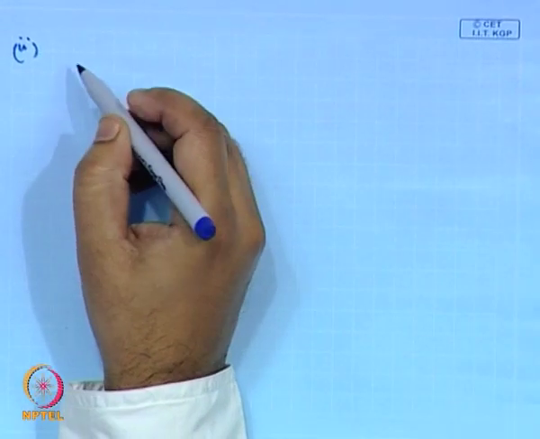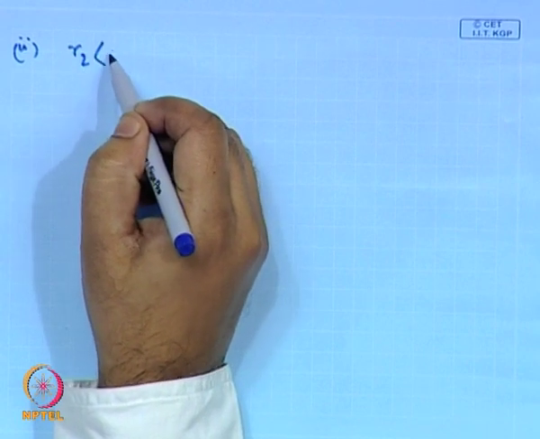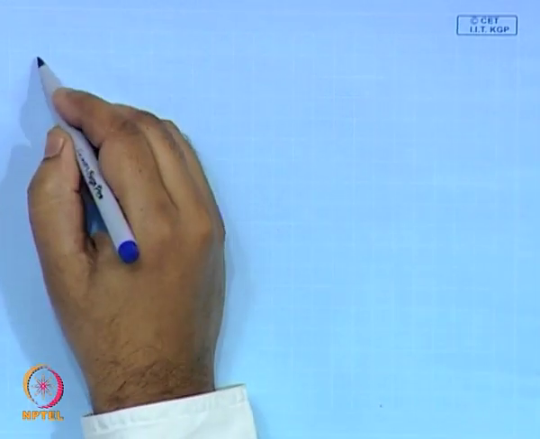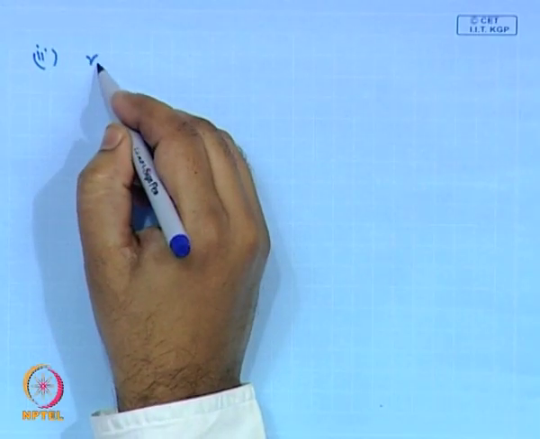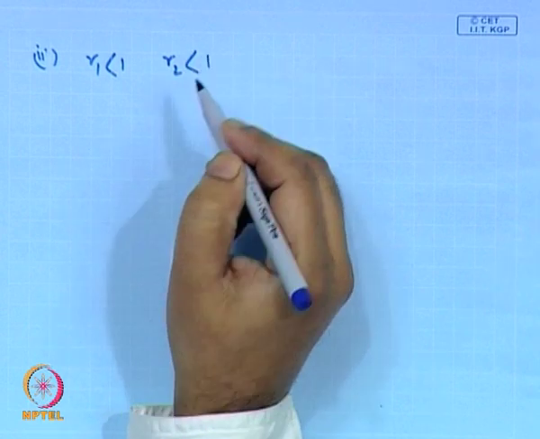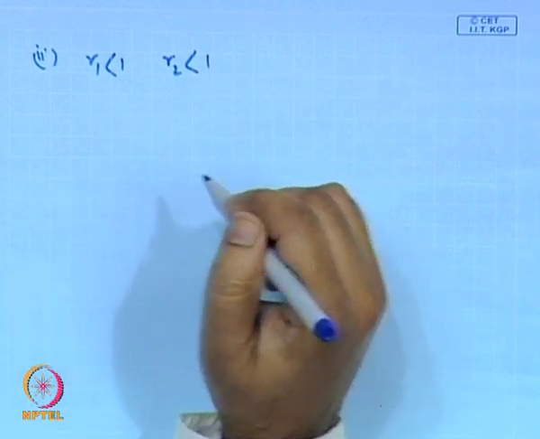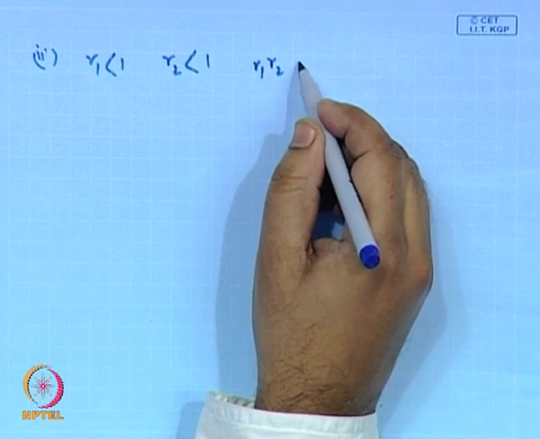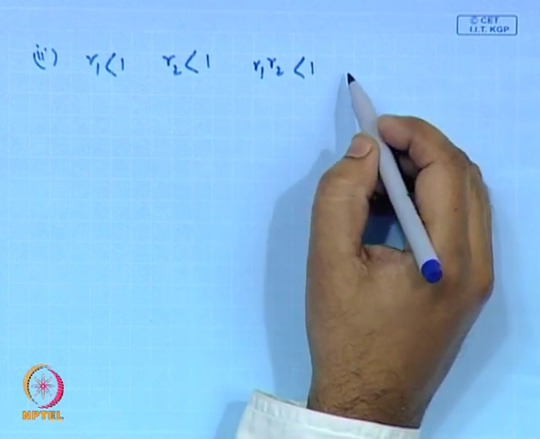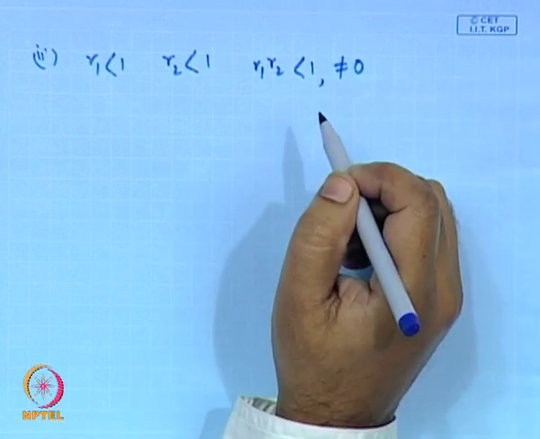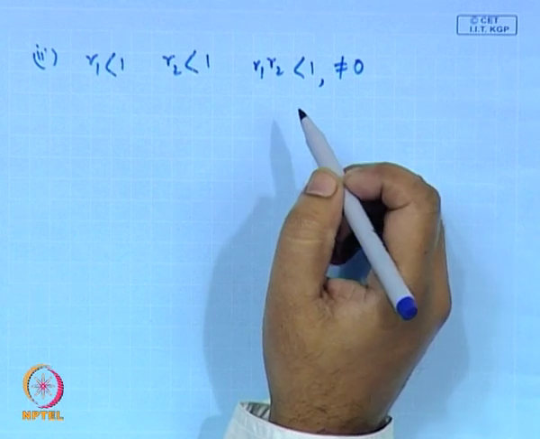Now, the second option in this case would be where both R 1 is less than 1 and R 2 is less than 1. Now, obviously, R 1 R 2 is less than 1, but not equal to 0.